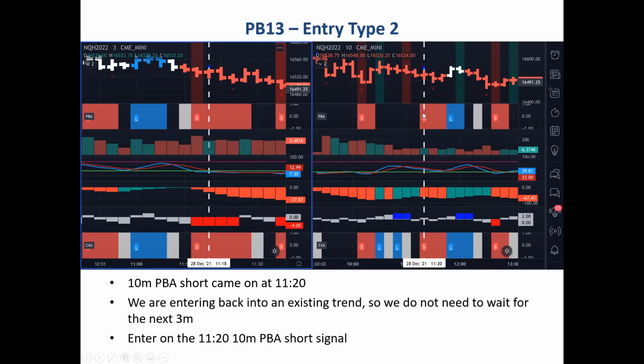Again, this is a rejoining of an existing trend because there was no contradiction in the PBA prior to that printing, and we had already previously seen the PBA printing short before. So full alignment, we're into that trade at 11:20. Same parameters apply. We're using a 30-point stop and a 50-point profit target.